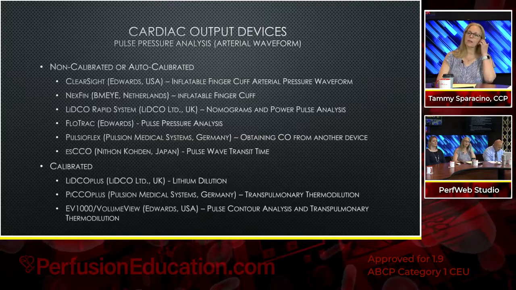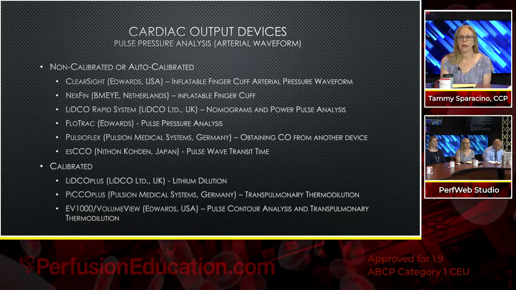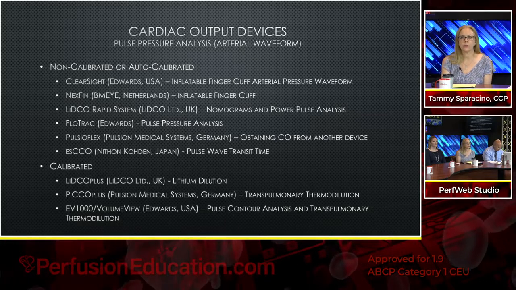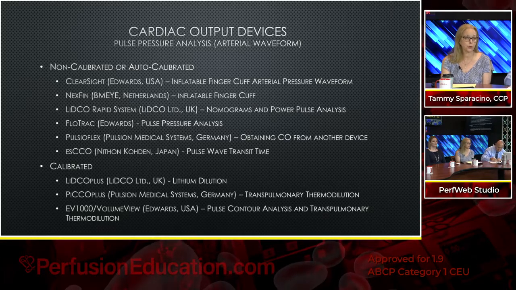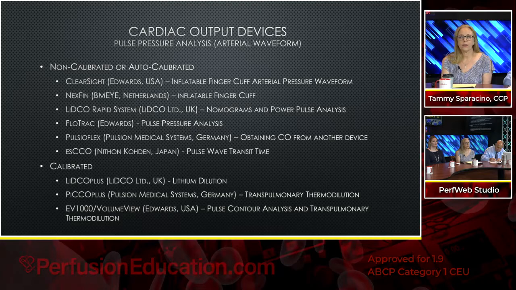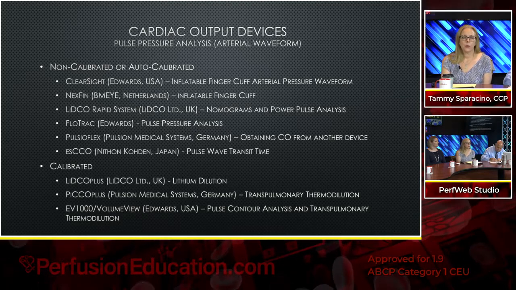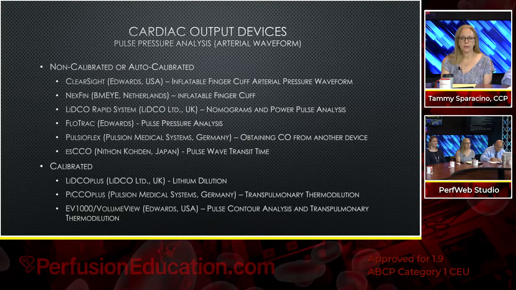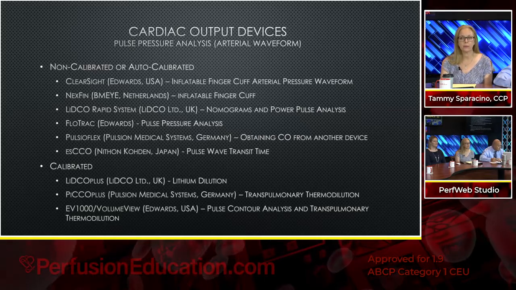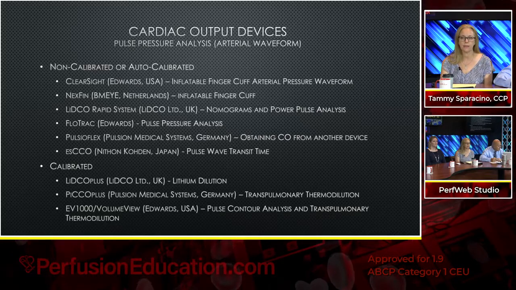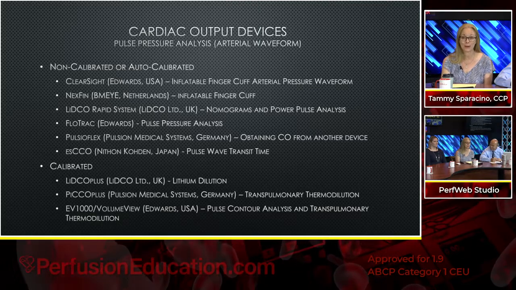Okay, so let's talk about the one that seems to be the most common, especially in cardiac. We're talking about technologies that use pulse pressure analysis, relying on the arterial waveform to get their derived parameters. So we've got the non-calibrated, or some of them are also auto-calibrated. There's one that is called ClearSight, and this is from Edwards. The device is an inflatable finger cuff, and from that finger cuff, it gets the arterial pressure waveform, and that's how it derives all of its parameters.